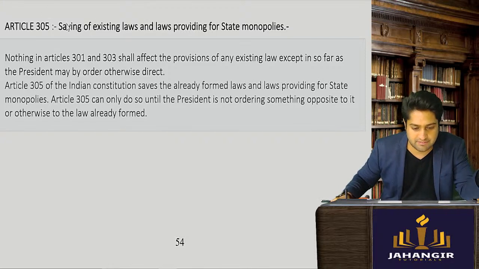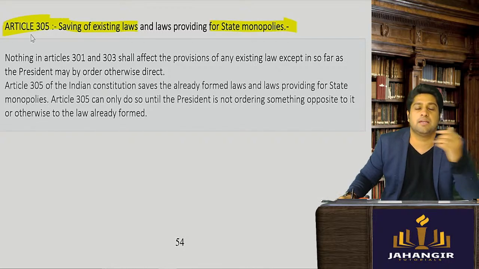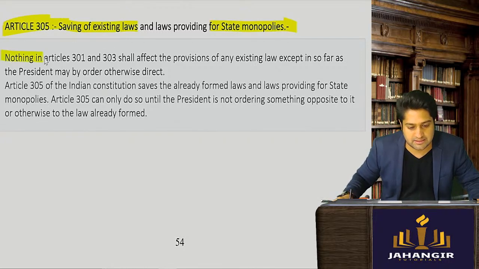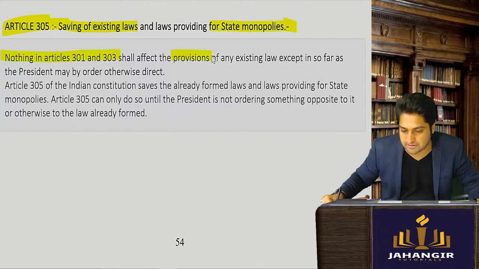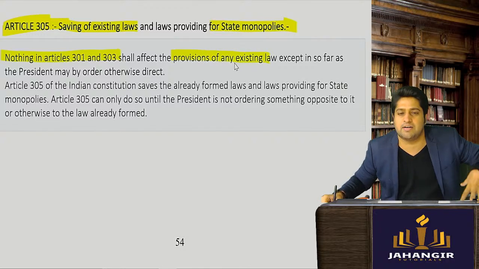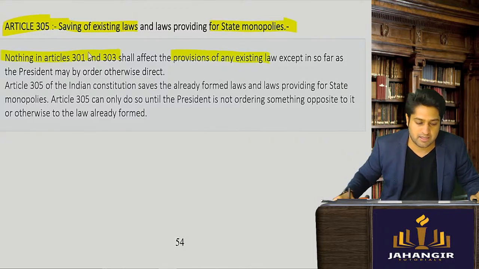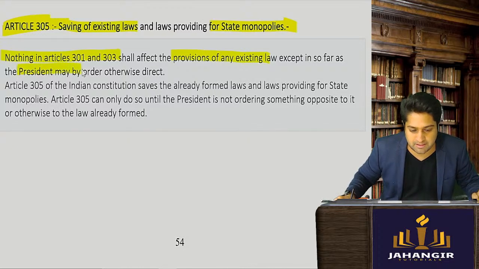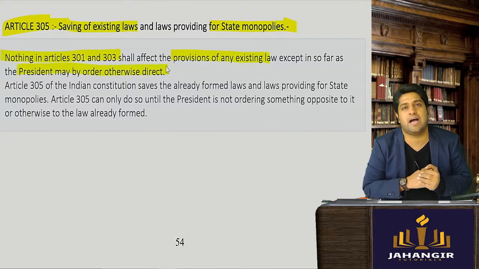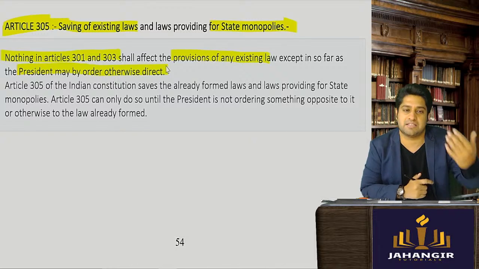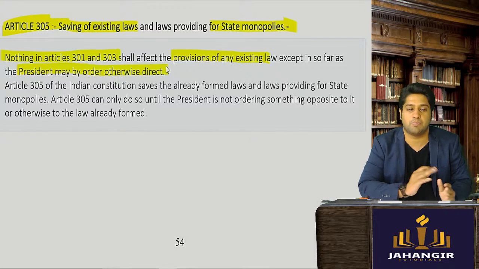Then comes saving of the existing laws for state monopolies. Article 305: nothing in 301 and 303 shall affect the powers of any existing law that existed when this constitution was made, insofar as the president may order or otherwise act. So unless the president has ordered otherwise, state monopolies will stay.